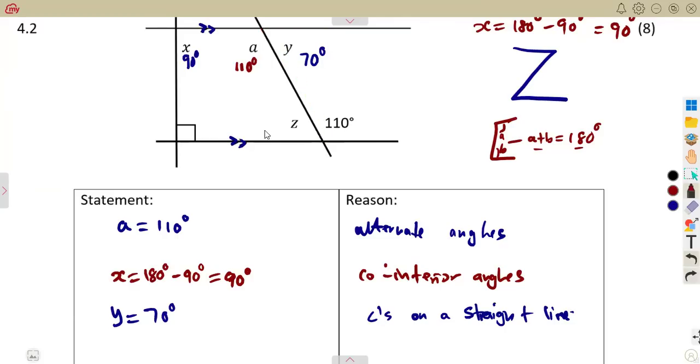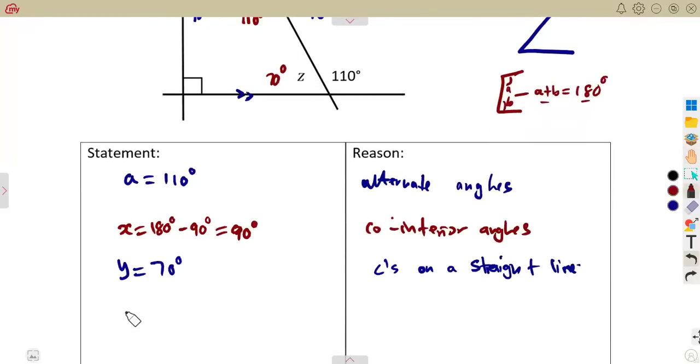So the angle Z is 70 degrees. Is it angles on a straight line? Is it about the co-interior angles? Because it's also a co-interior angle to this 110 degrees. Remember, co-interior angles add up to 180 degrees. Guys, is it from the sum of angles inside a quadrilateral? At the end, our Z is going to be 70 degrees.